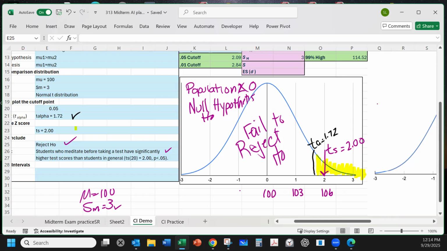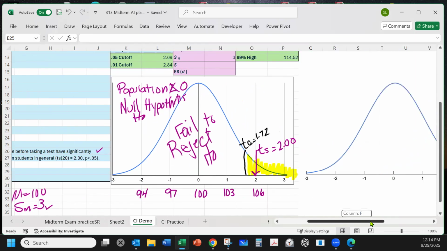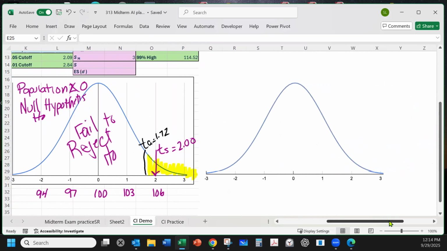And so that's what this distribution looks like. This is the null distribution. And if our sample score fell in this reject region, we'd be saying our sample's no different from this general population. But we did find, in fact, that our sample score was significantly different. We had a t sample of 2.00. That was our sample score.